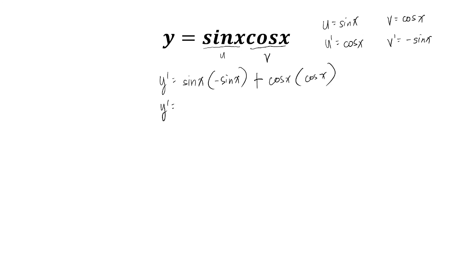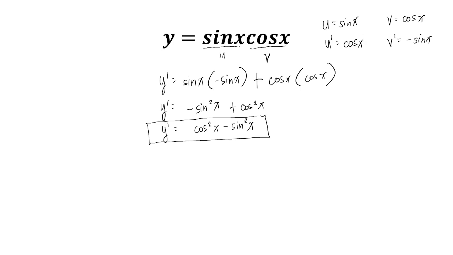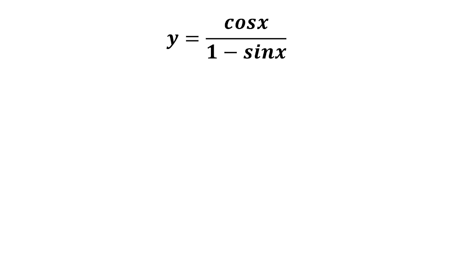Then let's simplify. Negative sine squared x plus cosine squared x. Y prime, ayusin lang natin. Positive yun nasa unahan. Cosine squared x minus sine squared x. Actually, it has another form, another answer, but that's for our next lesson.